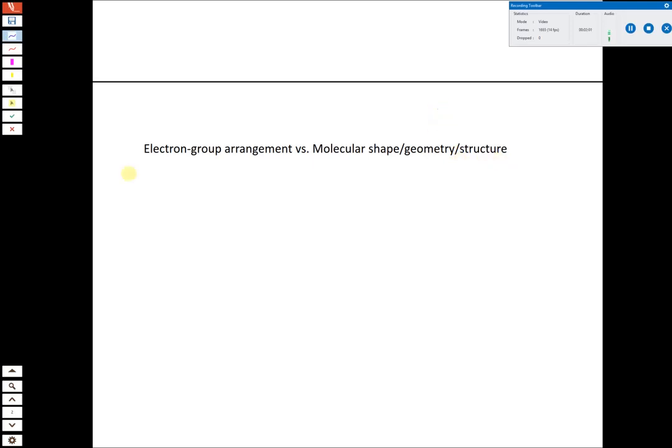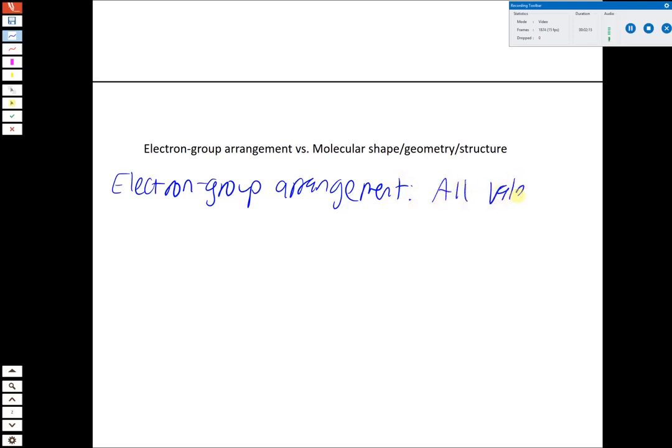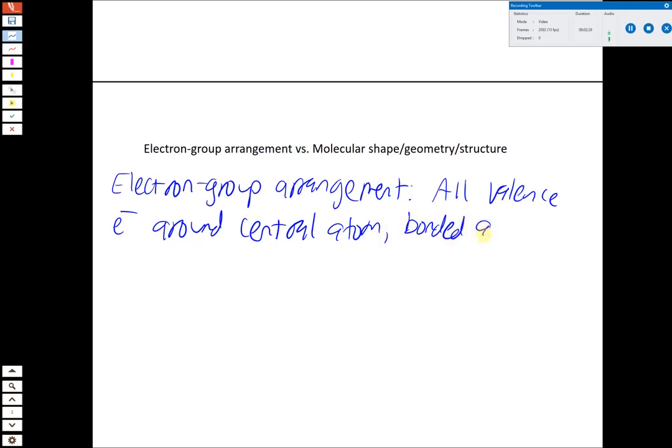So remember that electron group arrangement is going to refer to all of the valence electrons around the central atom, and these electron groups are going to be either bonded atoms or lone pairs.